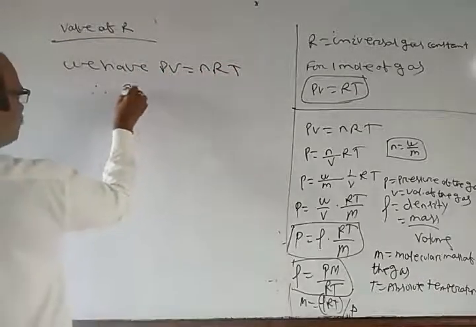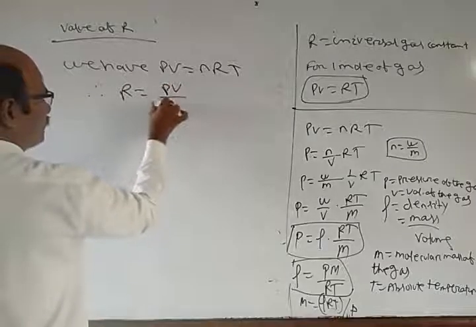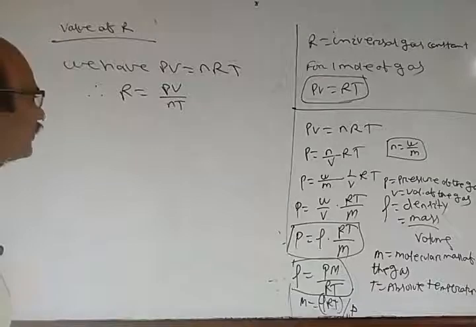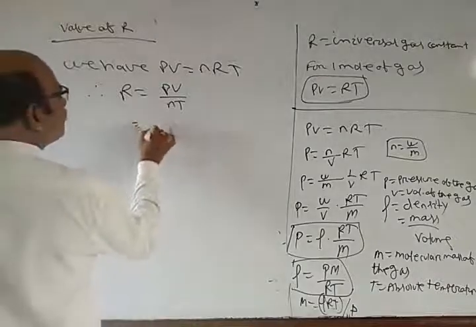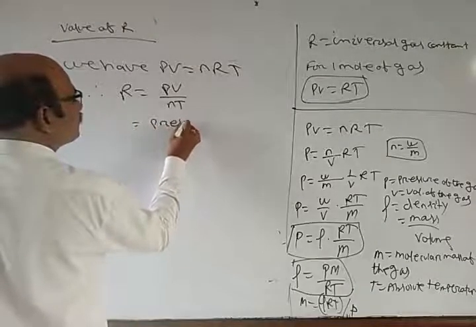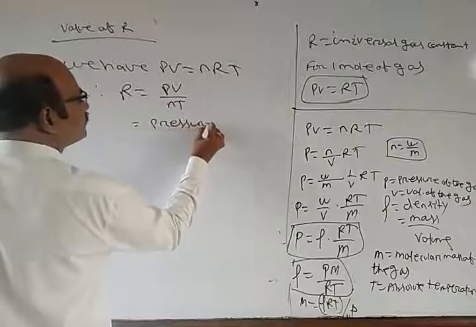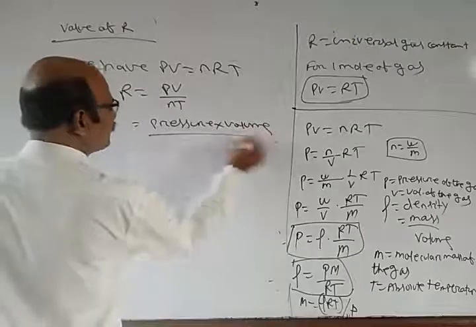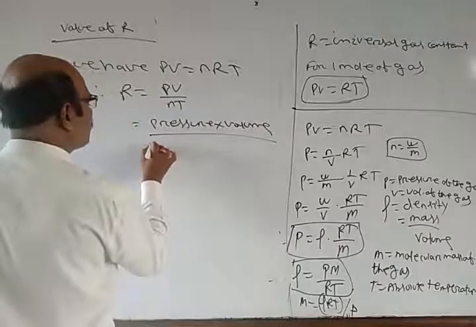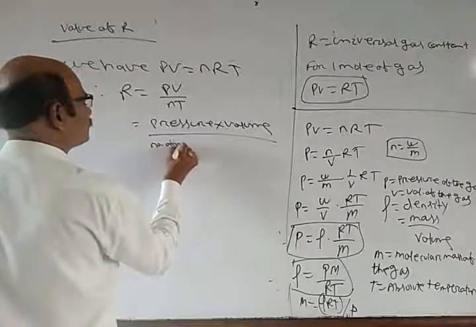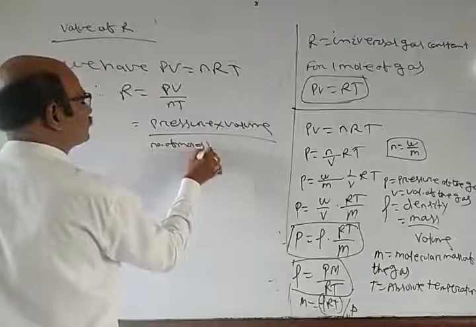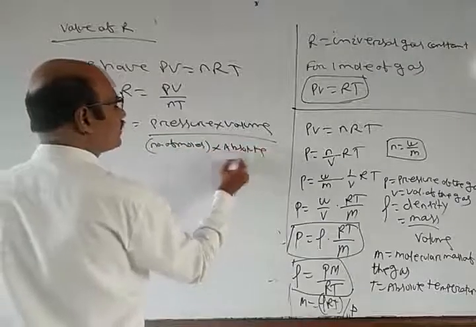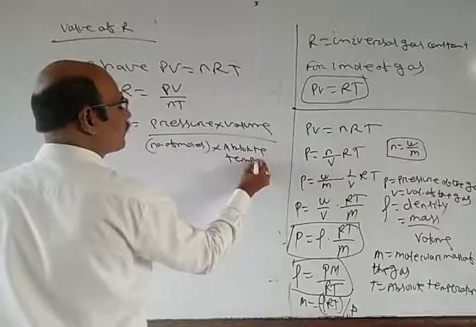Therefore, R is equal to PV by nT. Now P is what? Pressure. V is what? Volume. n, number of moles. T, absolute temperature.